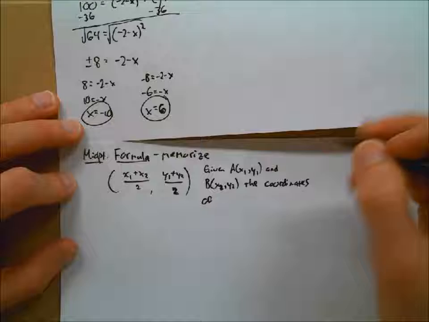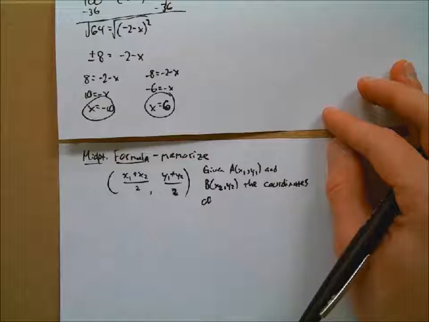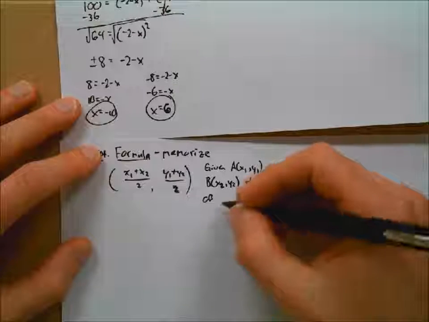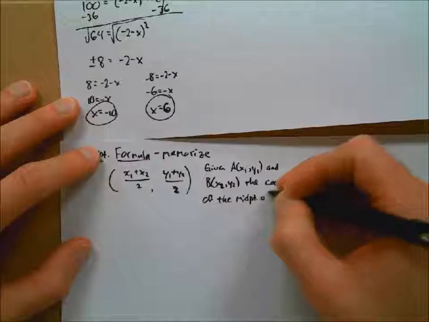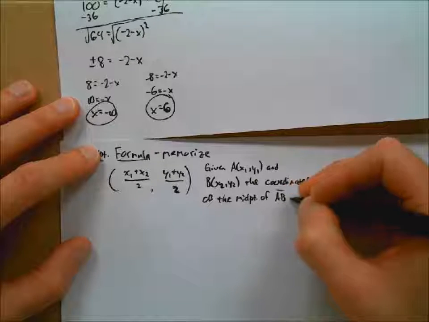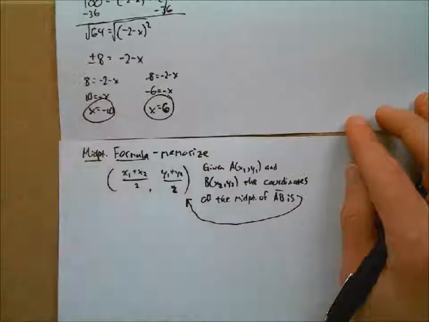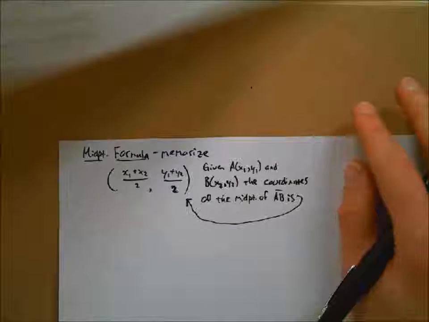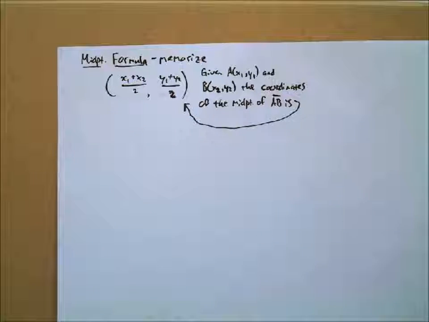So given that you have a point A, (x1, y1), and B, (x2, y2), the coordinates of the midpoint of segment AB is that.